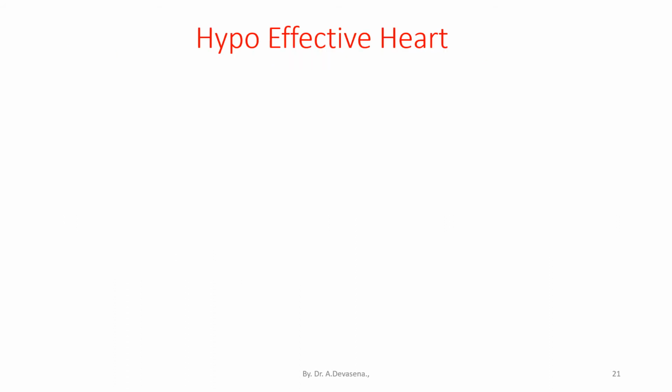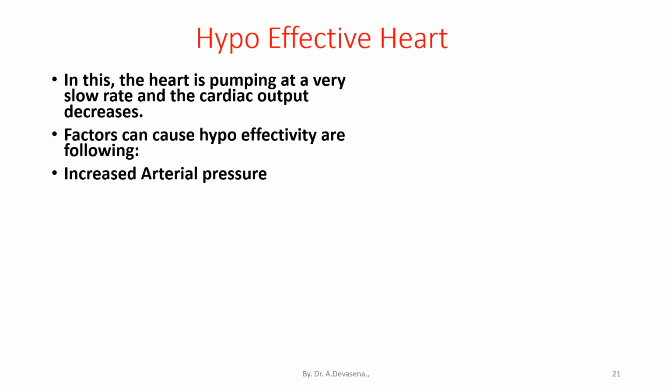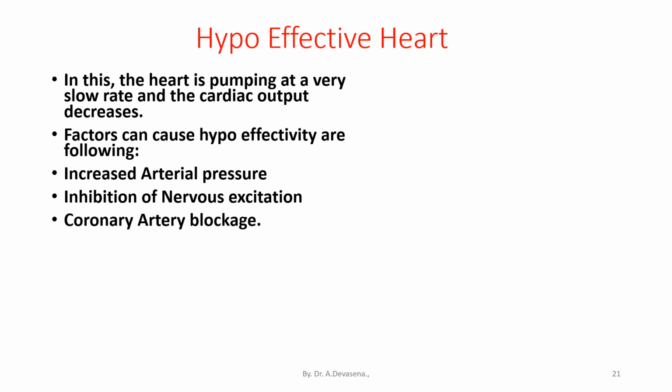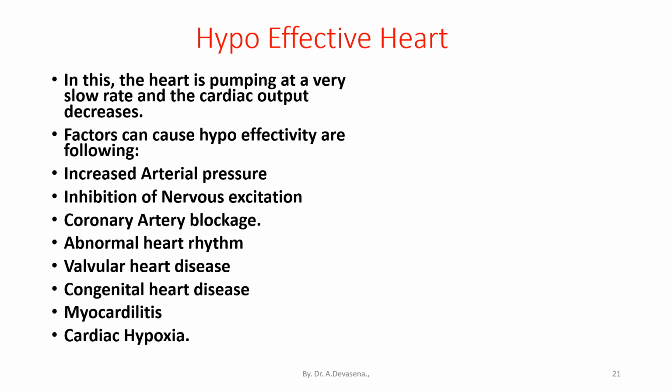Hypoeffective heart. In this, the heart is pumping at a very slow rate and the cardiac output decreases. Factors that can cause hypoeffectivity are the following: increased atrial pressure, inhibition of nervous excitation, coronary artery blockage, abnormal heart rhythm, valvular heart disease, congenital heart disease, myocarditis, cardiac hypoxemia.